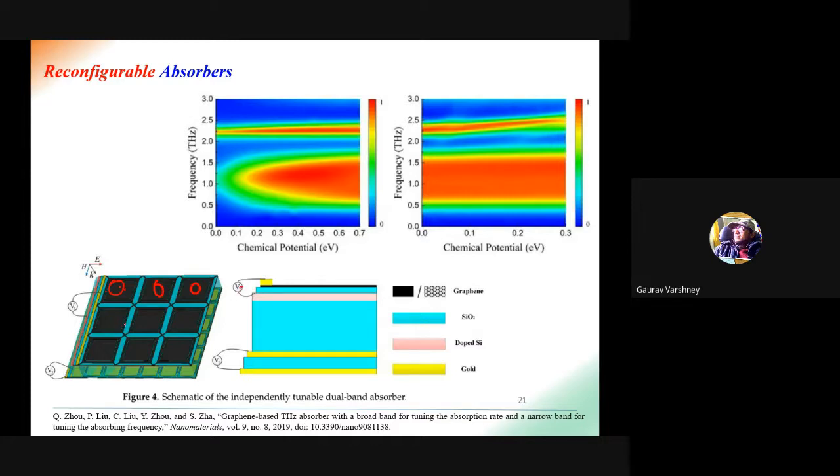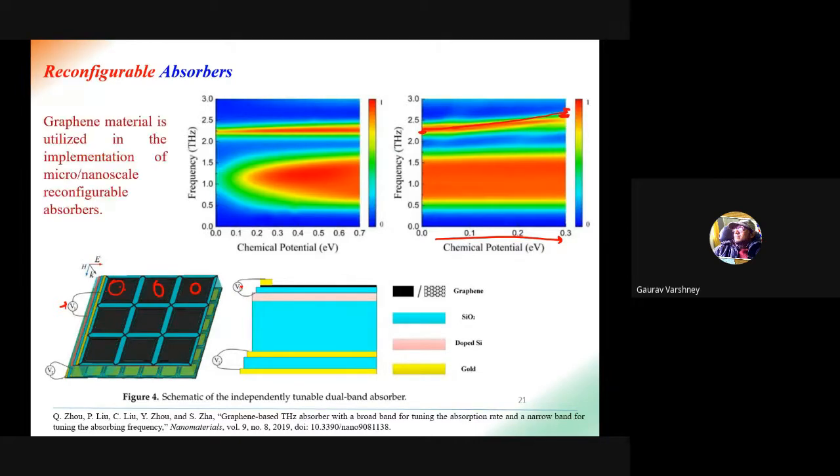Here you can see we are applying some voltage and the frequency spectrum is being changed. The frequency spectrum is moving upward from this to this frequency if we change the chemical potential of graphene. This is the peak of the frequency spectrum, and it is moving from around 2.25 to around 2.5 here. So this is the tunability.